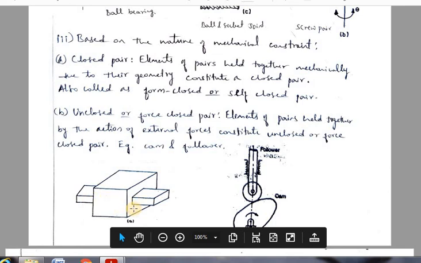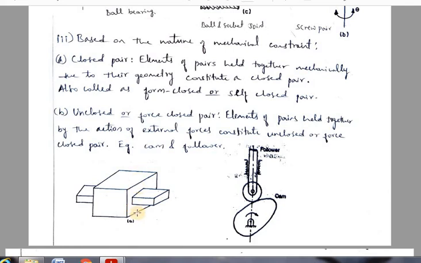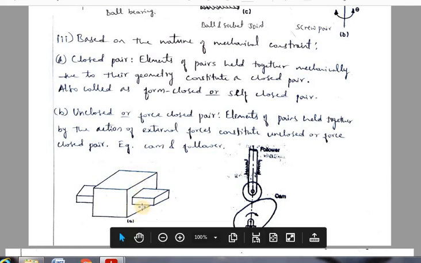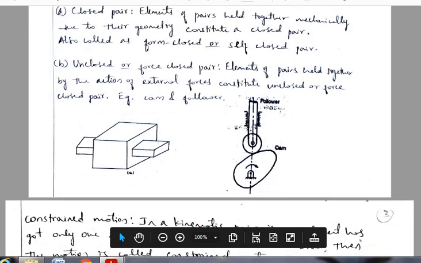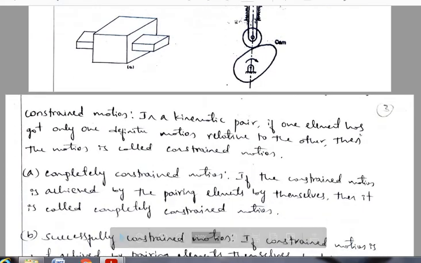It cannot rotate, and it cannot go either in the upward direction or in the downward direction. It can only slide in the horizontal direction, so it is constrained by itself due to its geometry. So it is called completely constrained motion.